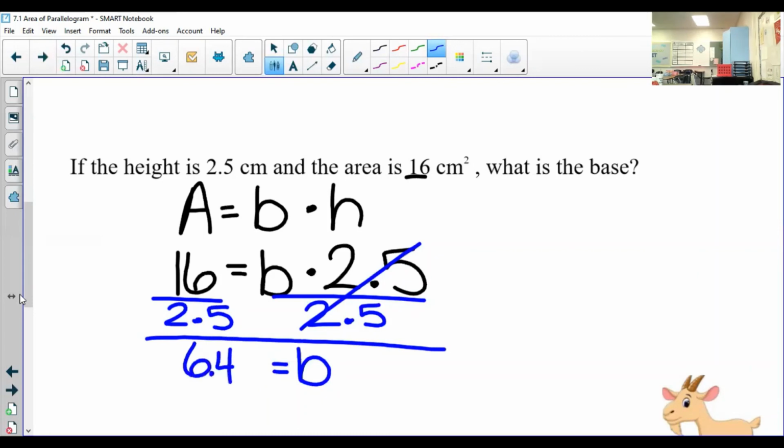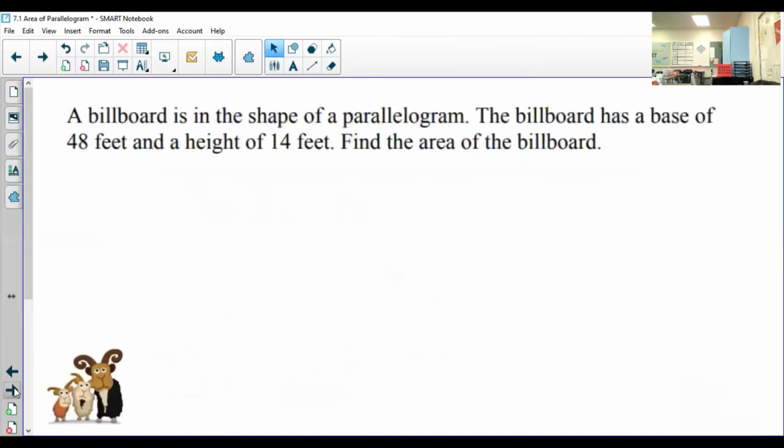What measurement here? Centimeters. And now notice I'm not putting centimeters squared because I did not find the area, right? The area is already squared over here. But the base is just a regular measurement, so we're just going to use centimeters. Let me see what else we got.